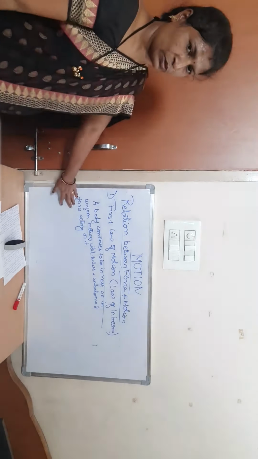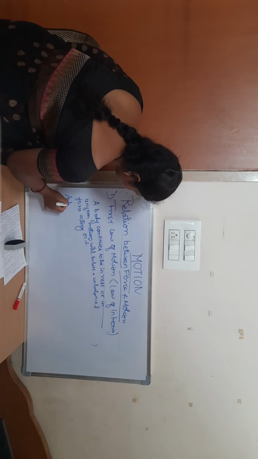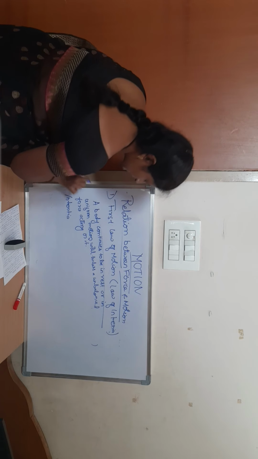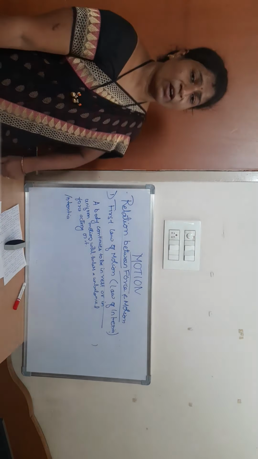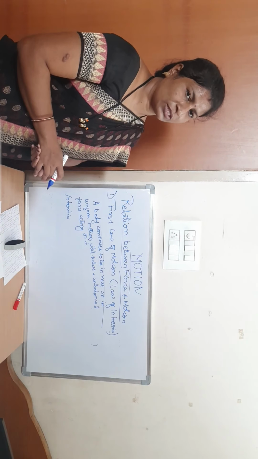This is the first law of motion. This is also called the law of inertia. Now, what is inertia? Inertia means every object has a tendency to remain in rest or in motion.